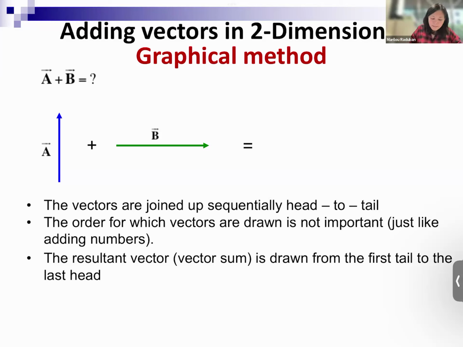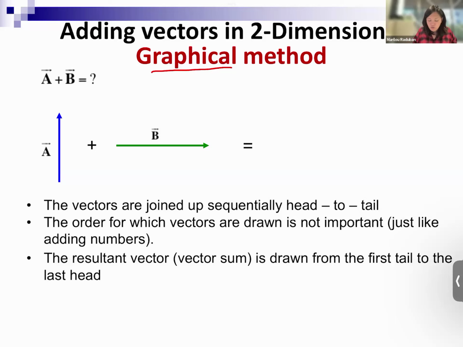But today, let's look at how we add vectors graphically. Graphical method means you have to draw the vectors in order to find the resultant. Say, for example, you have these two vectors, vector A and vector B, and you want to add them together to find the resultant vector. Vector A is pointing up, vector B is pointing to the right.